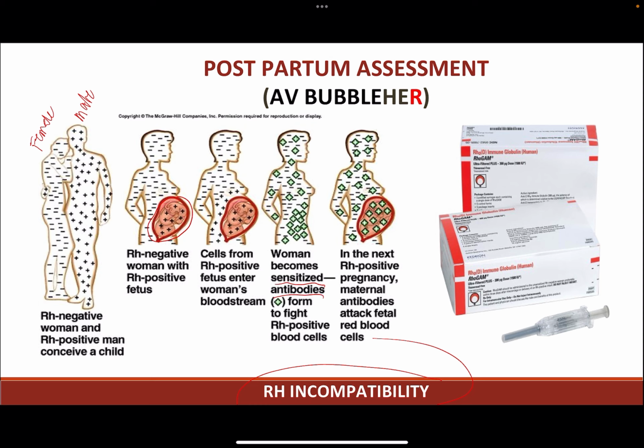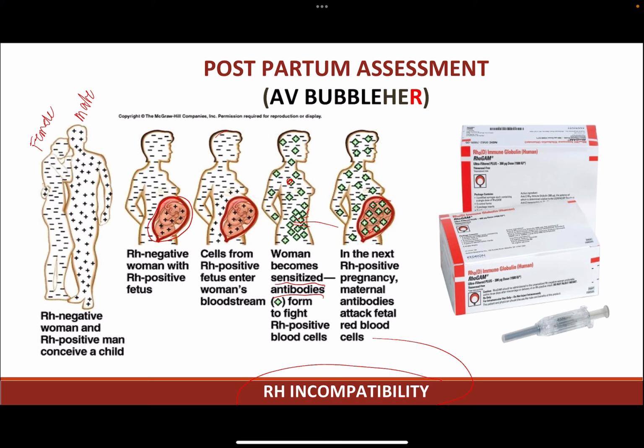The body creates antibodies against the positive cells. If it has created them, it can lead to killing the fetus, because the antibodies enter the fetus and kill all the positive cells.